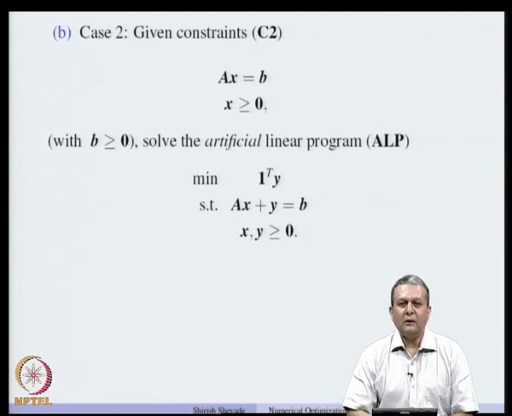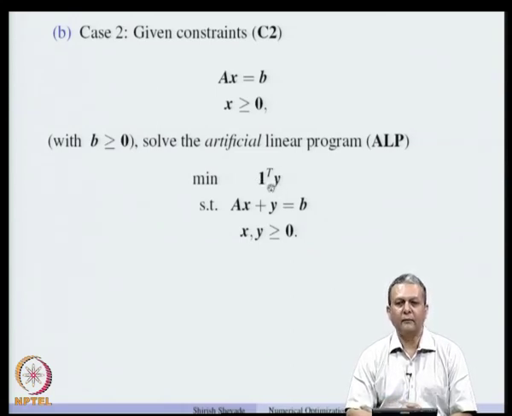Suppose y is used to denote the artificial variables, then one solves an artificial linear program: minimize 1 transpose y subject to x plus y equal to b and x, y greater than or equal to 0, where 1 is a vector of all ones of appropriate size depending upon the size of y.